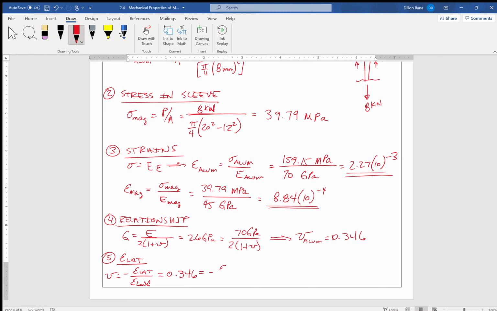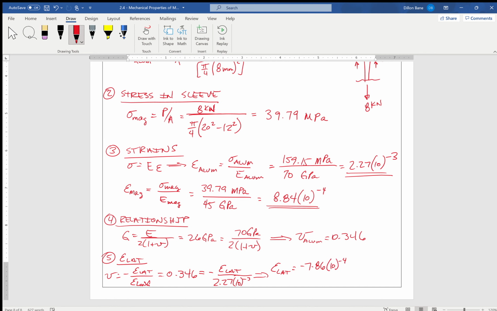We're trying to find strain lat, and we know strain long is 2.27 times 10 to the negative 3. Solve that equation, and we find that strain lateral is equal to negative 7.86 times 10 to the negative 4.